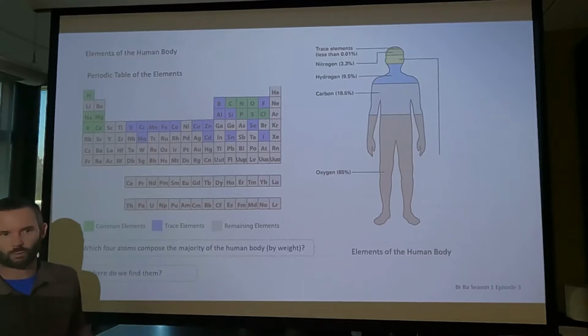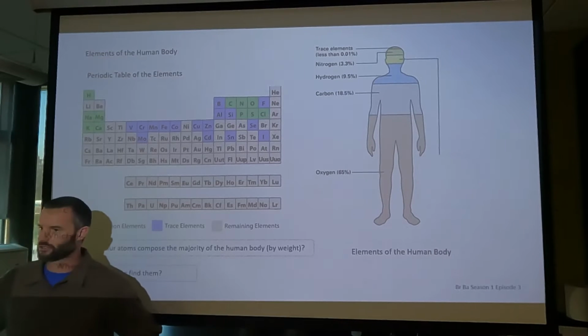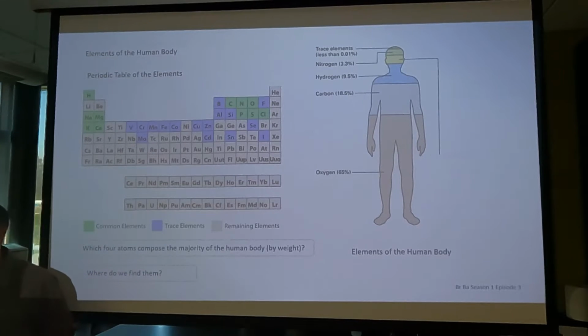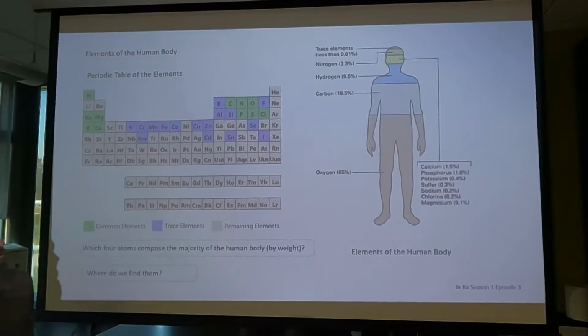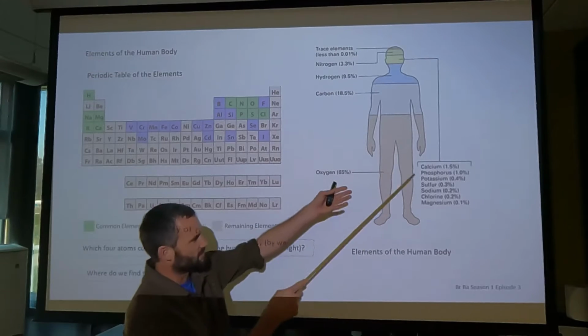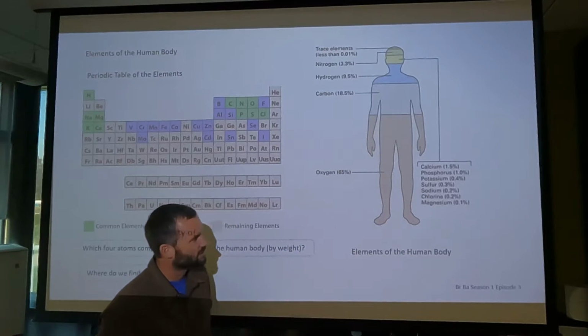What are some elements that we're missing here that you know we find in the human body? Calcium. Calcium. Iron, sodium, potassium, chloride, zinc, copper, all sorts of stuff. So here's a list of all these other elements that take up a lesser percentage.